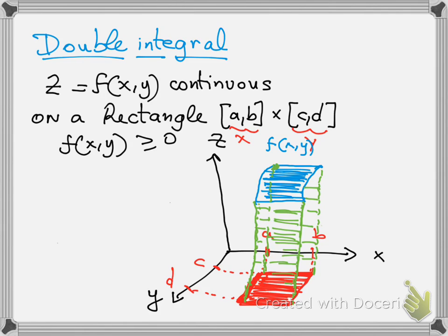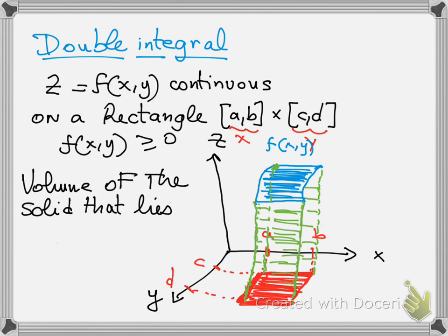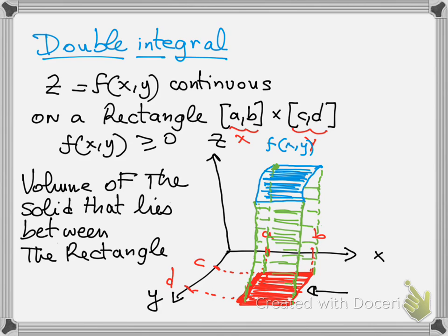Okay, so what I'm saying is the volume of the solid that lies between the rectangle, so this rectangle here, the red rectangle, and the graph, the surface f of x, y.